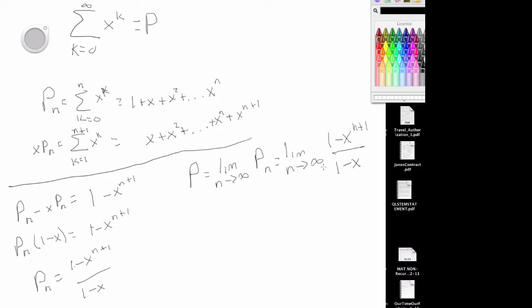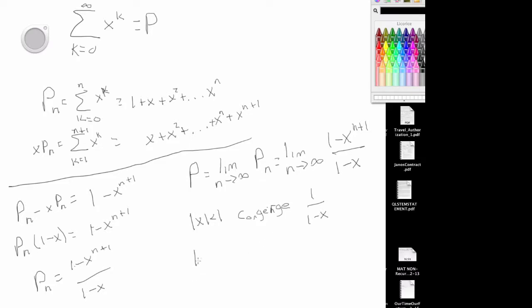Okay, and so when does this converge? Well, if the absolute value of x is less than 1, then as we raise x to higher and higher powers, those powers go to 0. So our sequence of partial sums will converge to 1 over 1 minus x.